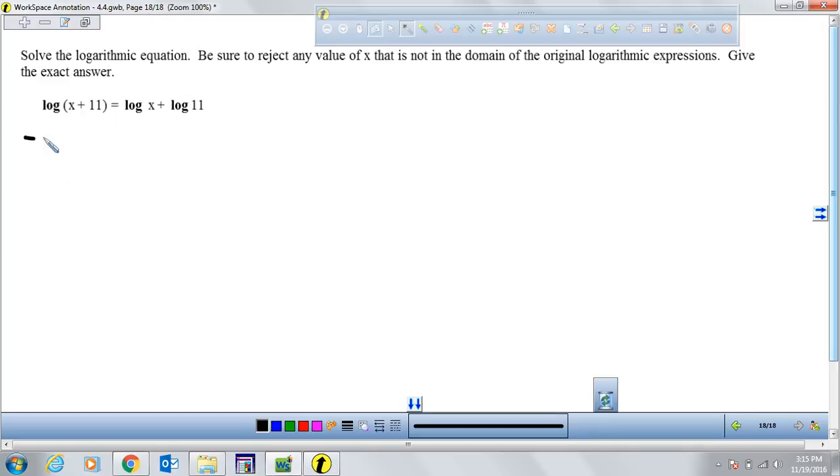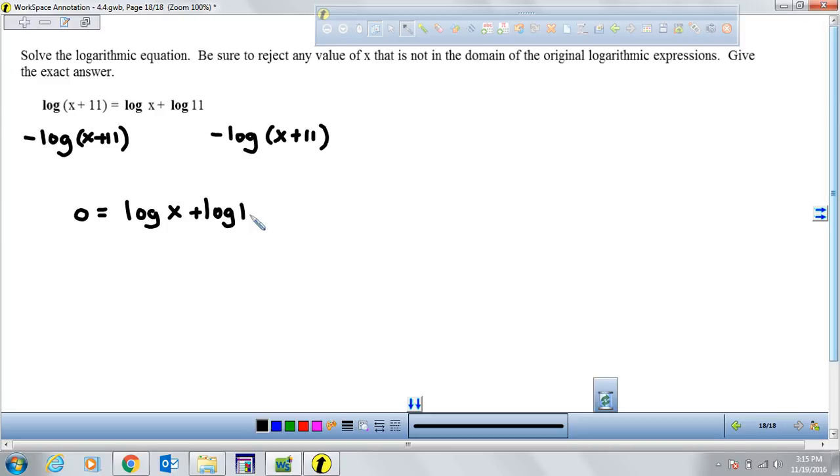So I just need to subtract it over so that we can bring it over to the other side. So I subtract it over right here. That's going to give me a 0 on the left side equals log of x plus log of 11 minus log of x plus 11. There are three logs that we need to condense.